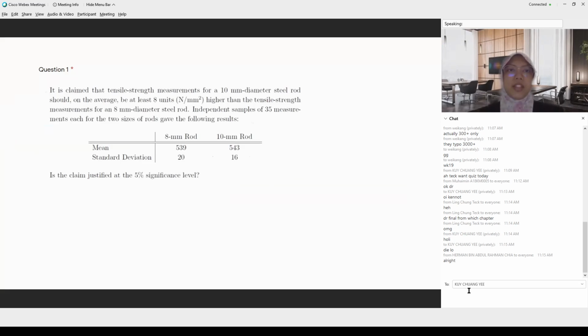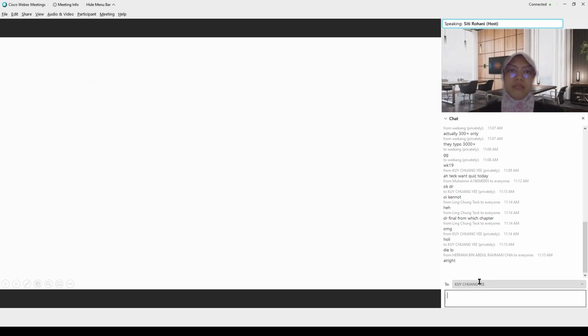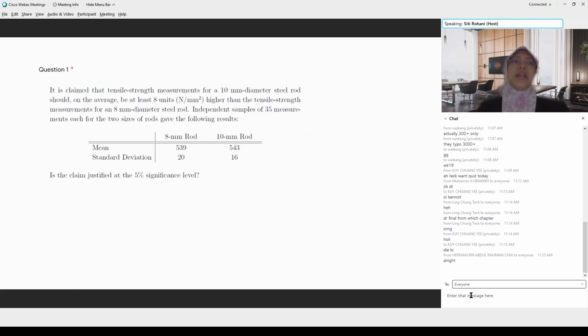I have looked into your answer for quiz. So let's look at question 1. This question 1 is about population means. I have collected some of your answers to show you what you should improve, what you should be careful about while doing these questions.